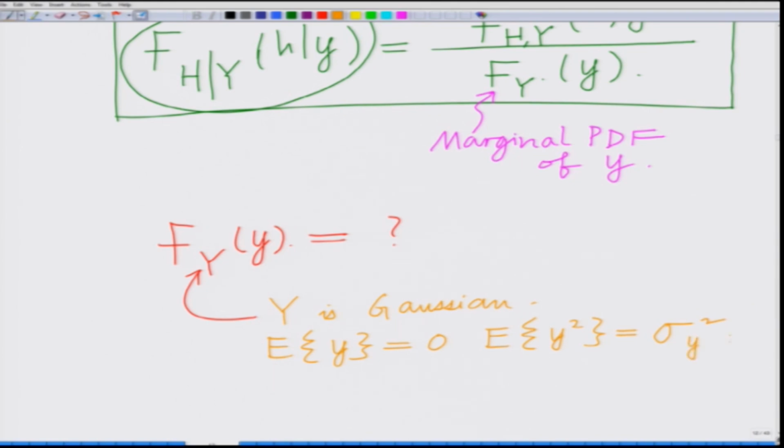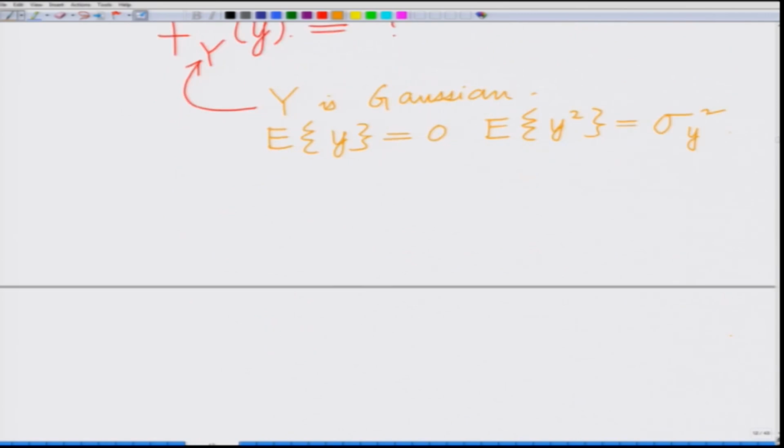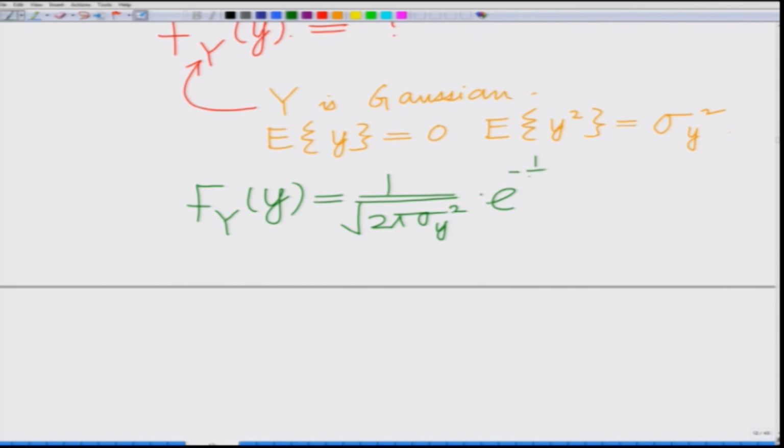So, y is a Gaussian random variable with mean 0, variance sigma y square, which implies f of y equals 1 over square root of 2 pi sigma y square e raised to minus 1 over 2, y square divided by sigma y square.